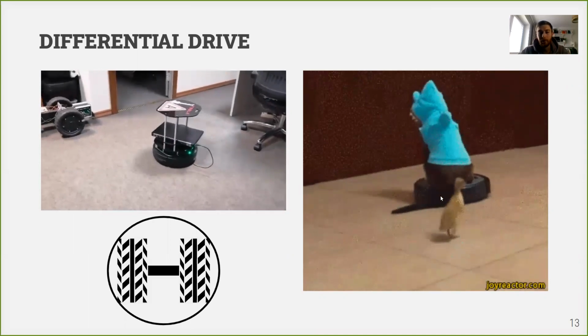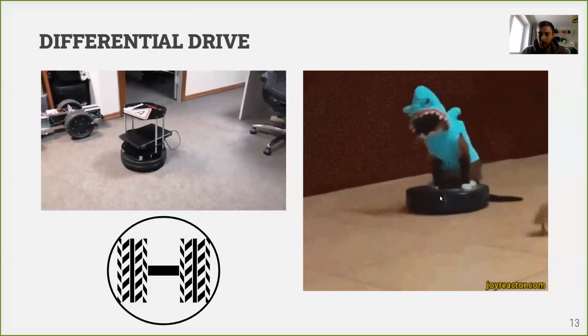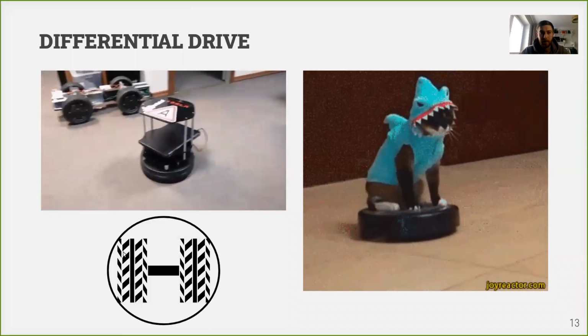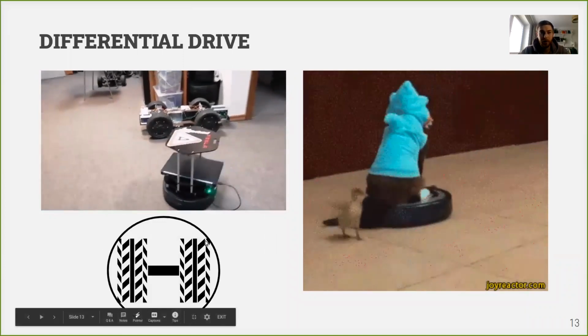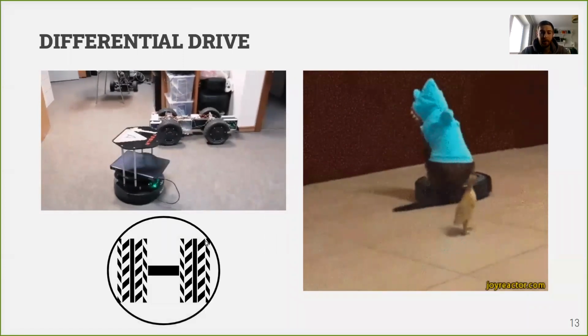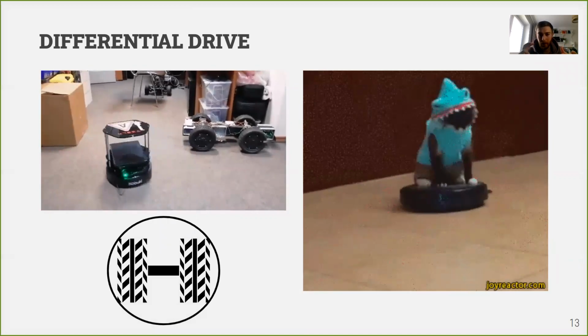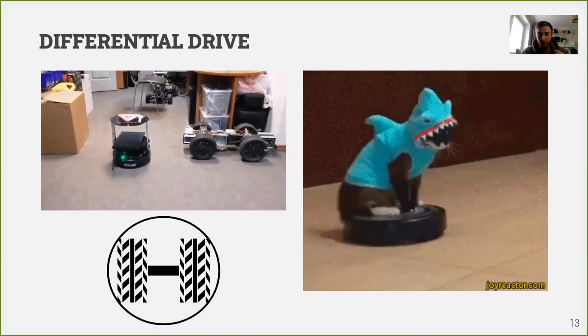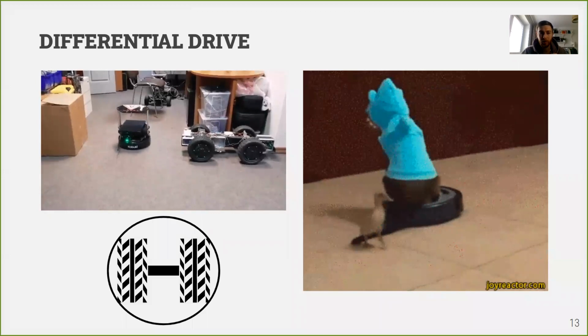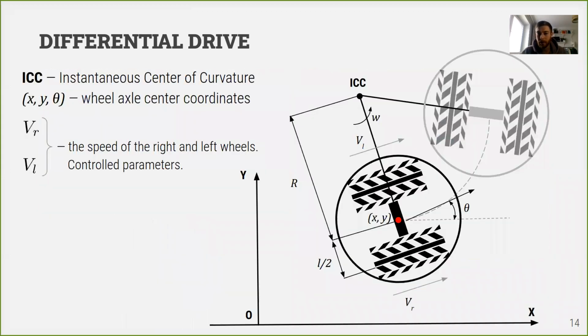On the right side of the slide, you can see just a vacuum cleaner, which also has differential drive. So differential drive is the simplest drive where we have two wheels controllable separately, so each wheel can have its own speed. And here on the slide, you can see this.